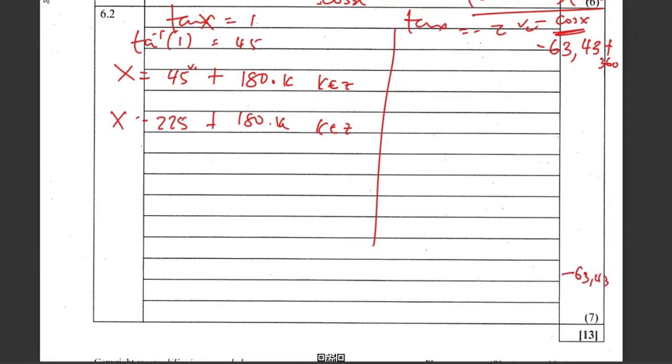Negative 63,43 plus 180, what is it going to give me? 116,57, that's going to be in quadrant 2, which is 116,57 plus k times 180, k is an element of integers. And then in the fourth quadrant, we say 360 now, it's going to be 296,57 plus k times 180, k is an element of integers. So that is how I would have obtained the general solutions for this question.